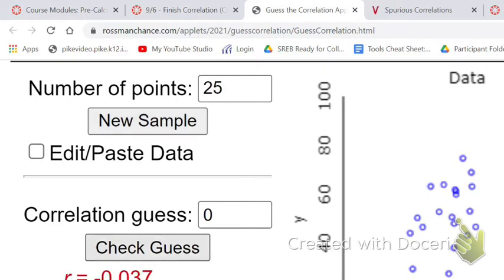Negative, but not very negative. 0.037. If I see an R value like this, I know that a linear model isn't going to help me make accurate predictions. I might not have a better model, but I know at least that my predictions aren't going to be super accurate based on this R value.